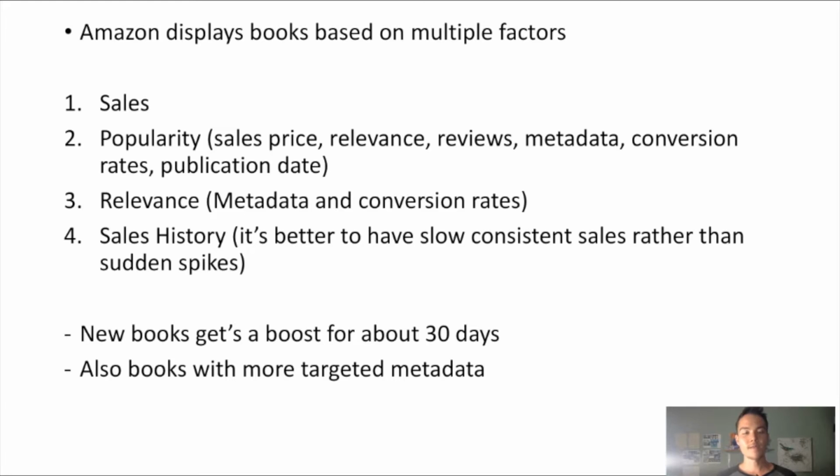In those keywords. Even if you can rank initially for the 30-day new book boost that you get, and even if you rank on vegan diet or paleo diet, you aren't gonna get any sales, because people who search for vegan diet are looking for vegan diet, so they're not gonna buy your ketogenic diet books, right? That will tell Amazon that, hey, your book is not relevant in the vegan diet section.